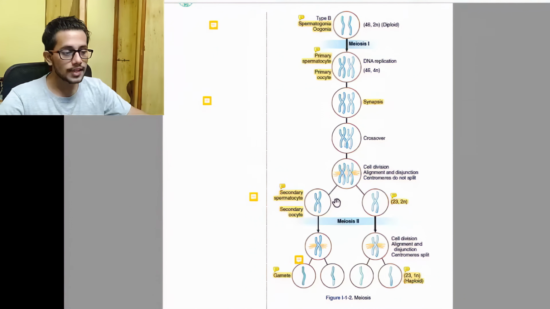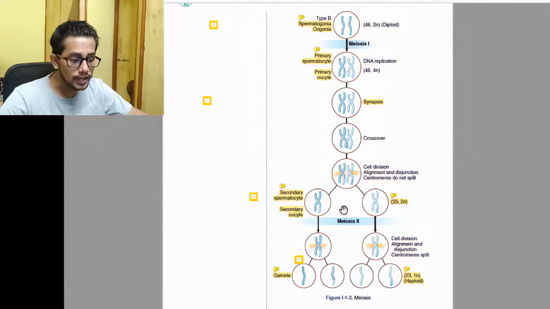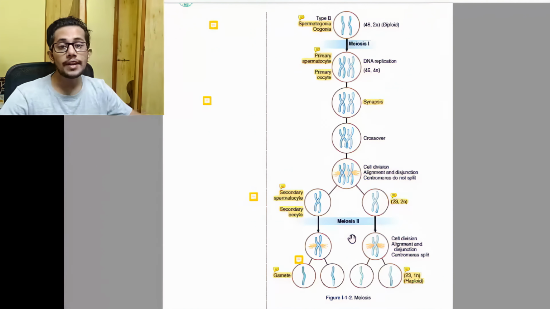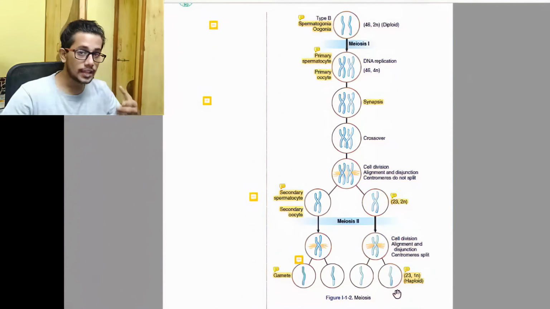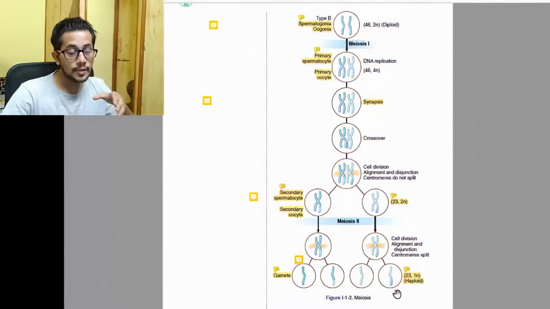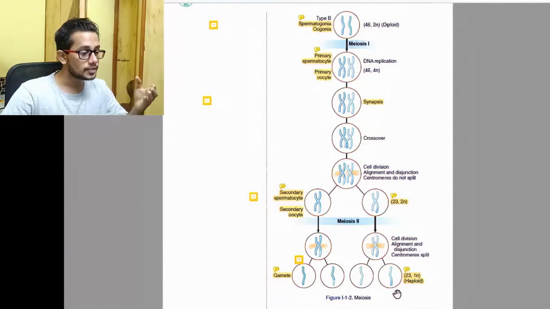Now once we have the secondary spermatocyte and the secondary oocyte, the process of meiosis 2 helps them divide through cell division, which finally produces a gamete, either the sperm or the ovum. We produce 4 gametes, which is not the case in male and female. It is different for both, but we will go through it when we discuss the difference between male and female the second time.